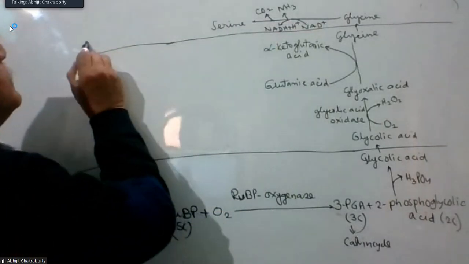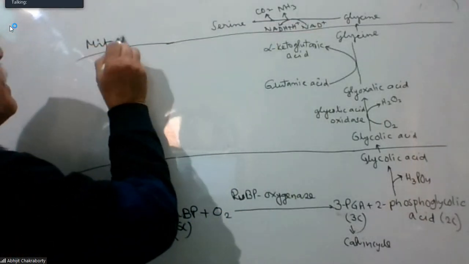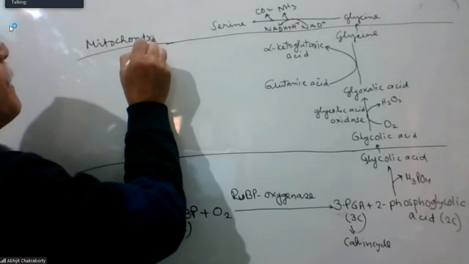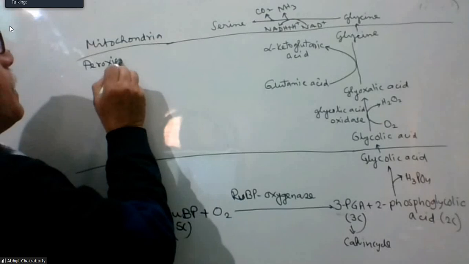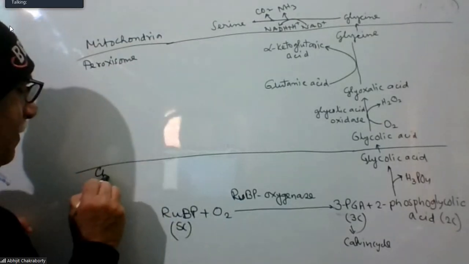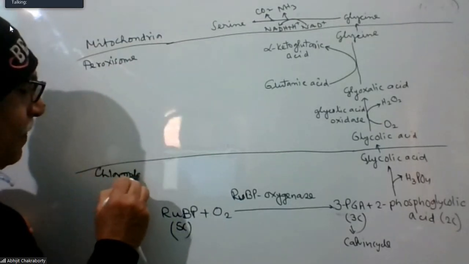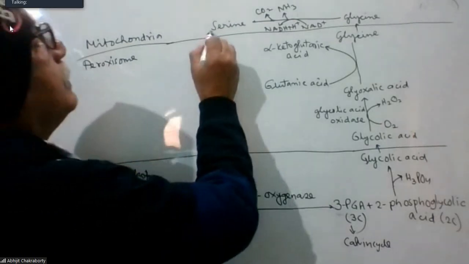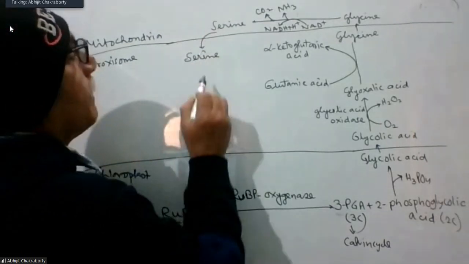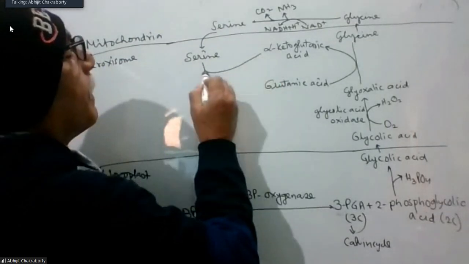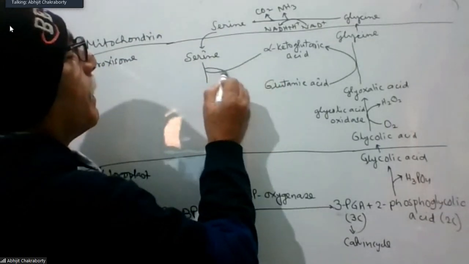Serine then returns to the peroxisome to form glyceric acid.